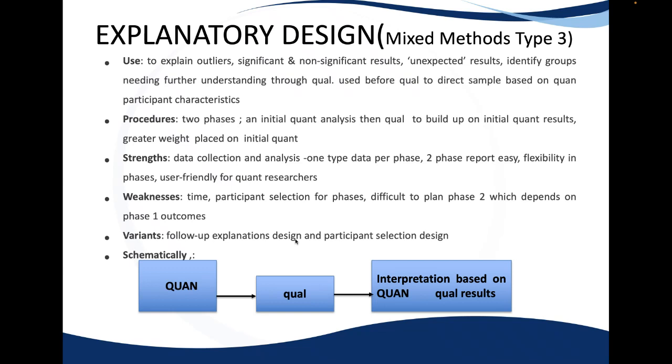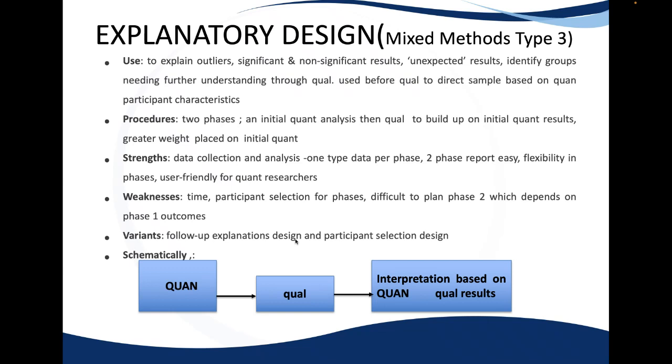There's a sequence, things are not happening together, but in one sequence the focus is on using qualitative methodologies to explain the quantitative discoveries. So we call it an explanatory design.